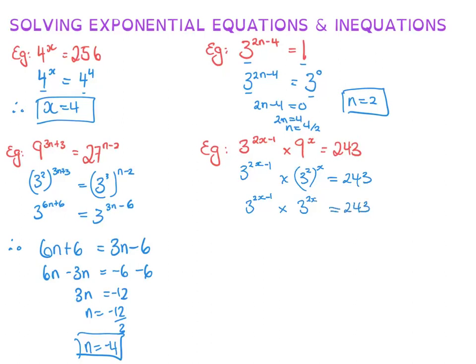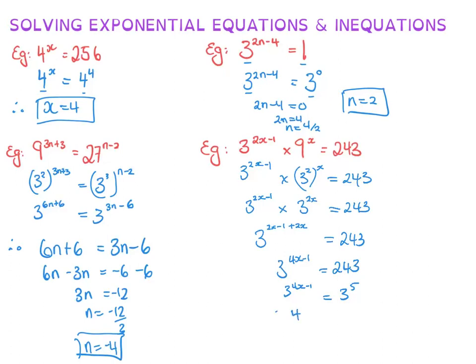Now our index law when we're multiplying is you add the indices, so I actually have 2x minus 1 plus 2x equals 243. So simplifying this exponential part, we've got 4x minus 1 equals 243. Now I can change 243 to a base of 3, and I know that 3 to the power of 5 is 243.